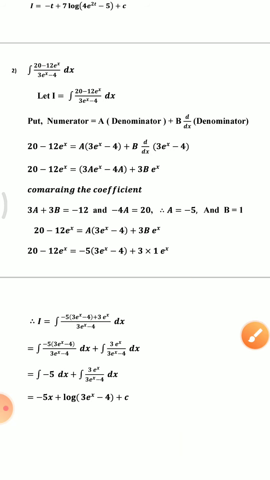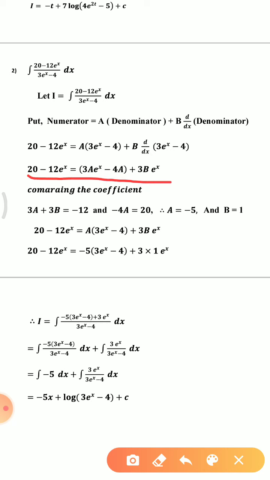Next we put the values of a and b in the equation 20 − 12e^x is equal to a into (3e^x − 4) plus 3b e^x.